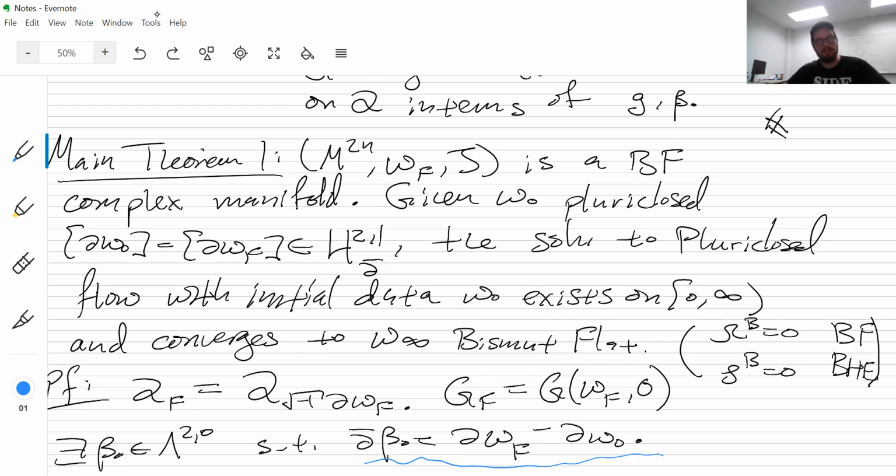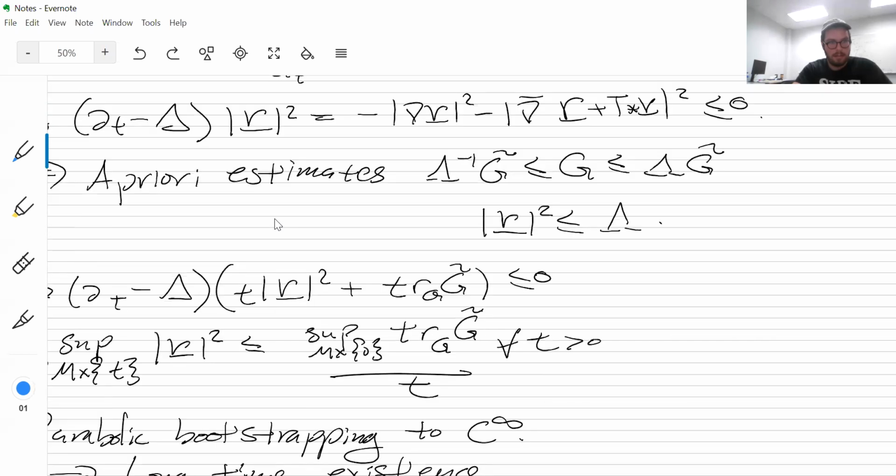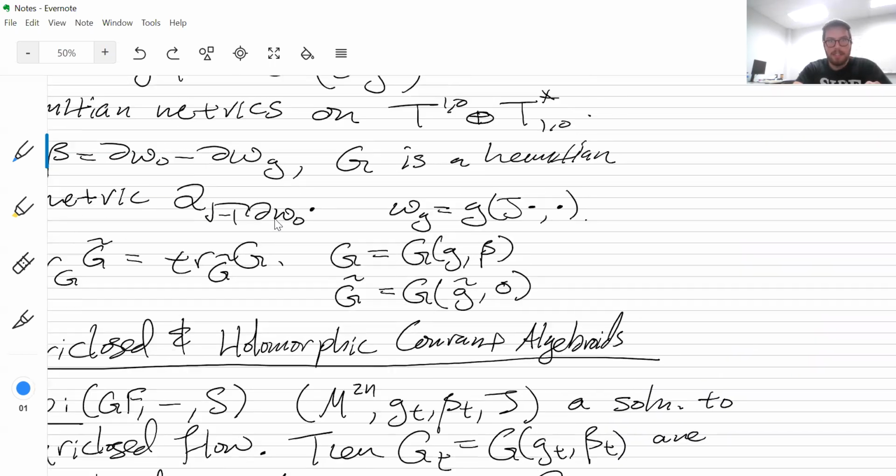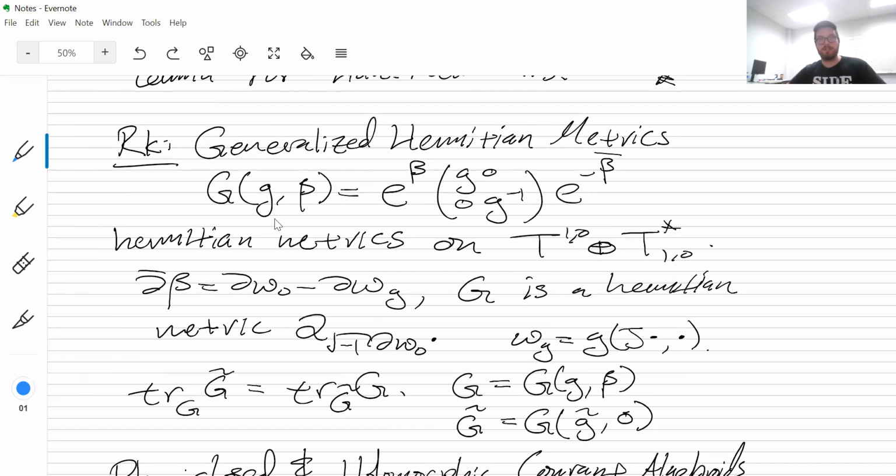It seems really strange to take this combination of g and beta, or even to have a flowing beta.